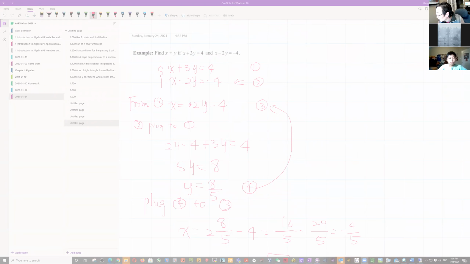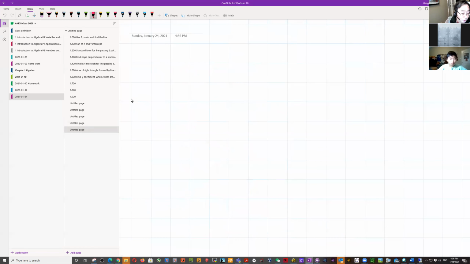Especially if you have certain coefficients that are already the same, this is +5, this is -5, you can just add 1 to 2.